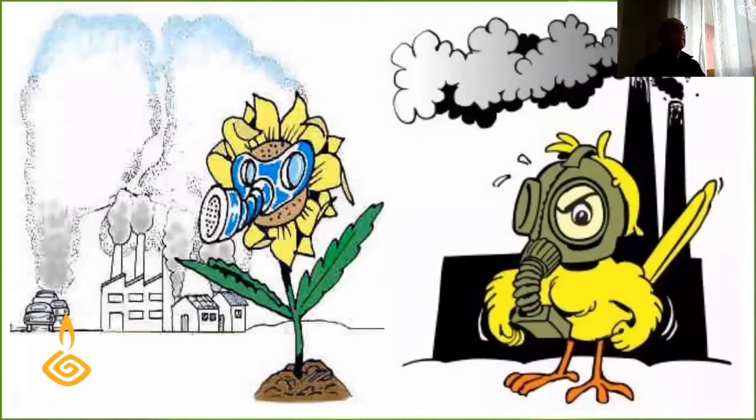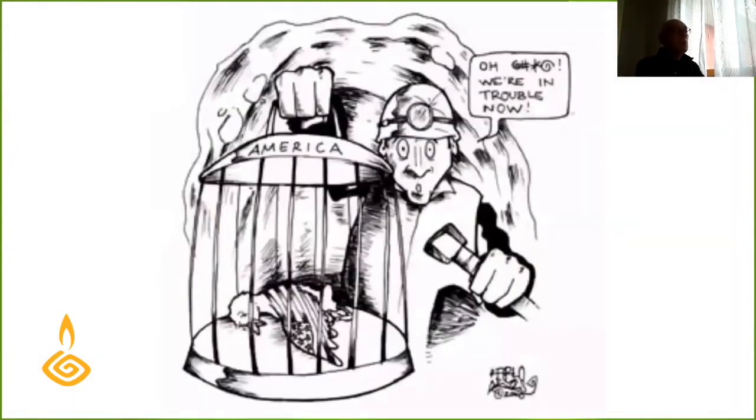Well, I like this slide very much because it's an introduction to biomonitoring, to the use of living organisms for monitoring the quality of the environment, regardless if they are plants, animals, or fungi, or whatever. And the use of living organisms to check the status of the environment is well known.